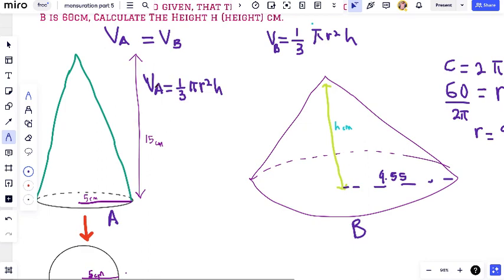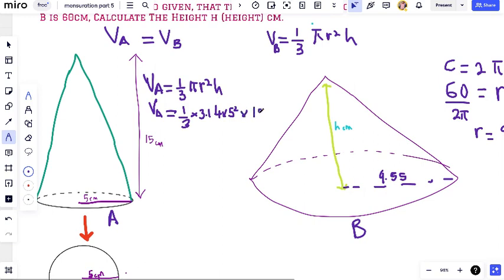So VA is equal to 1 over 3 times pi, which is 3.14, times 5 square, which is 25, times the height, 15.